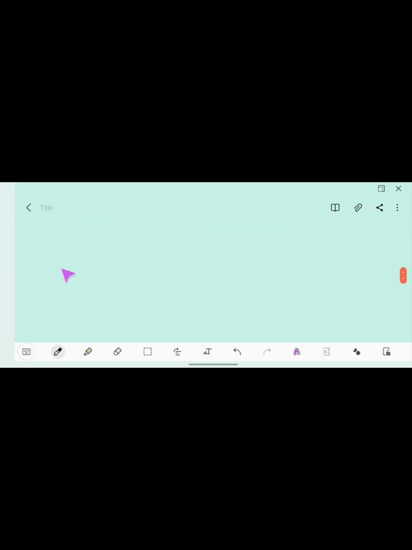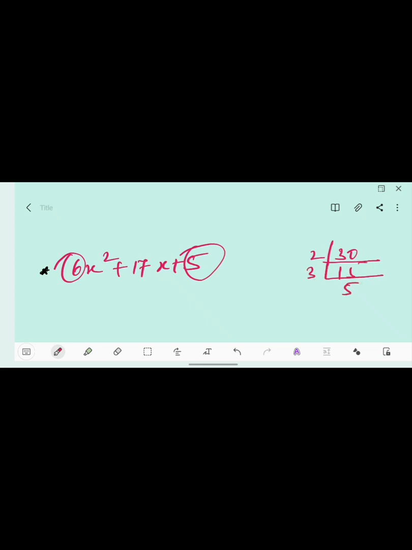Let us take some examples to understand this a little better. 6x squared plus 17x plus 5. So the first step is, the coefficient of x squared is 6 and the constant term is 5. The product of 6 and 5 is 30. Take the prime factors: 2, 15, and 3 fives are 15. Now you have 3 prime factors here: 2, 3 and 5.